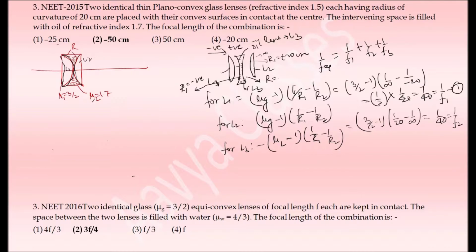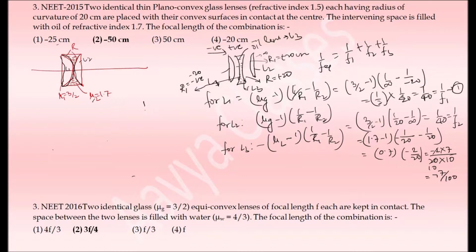So R1 is equal to minus 20 and R2 is plus 20. Here mu L is 1.7. So (1.7 minus 1)(1 by minus 20 minus 1 by 20) is equal to 0.7 into minus 2 by 20, that is minus 2 into 7 divided by 20 into 10. So we get it's equal to minus 7 by 100.